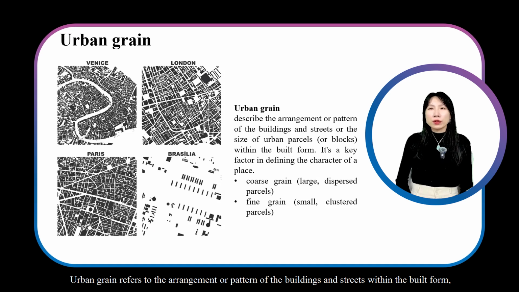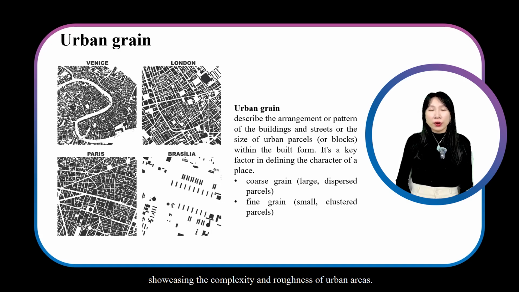Urban grain refers to the arrangement or pattern of the buildings and streets within the built form, showcasing the complexity and roughness of urban areas. It helps us understand the density and development intensity of different parts of a city. The fineness of urban grain often influences the walkability and livability of a city.